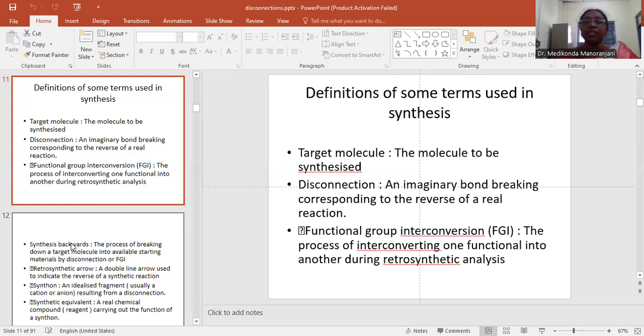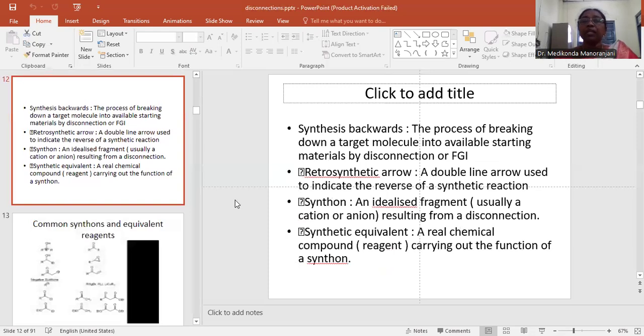The process of interconverting one functional group into another during retrosynthetic analysis. Next, synthesis backwards. What is it? It is a process of breaking down the target molecule into available starting materials by disconnection or functional group interconversion. Then, how do you symbolize retrosynthesis? A double line arrow is used to indicate the reverse of a synthetic reaction.